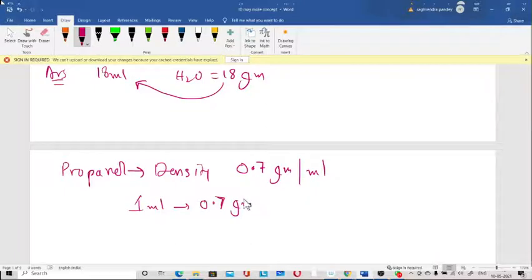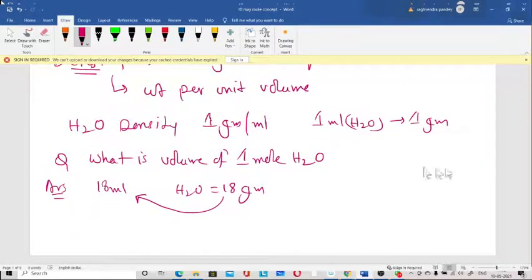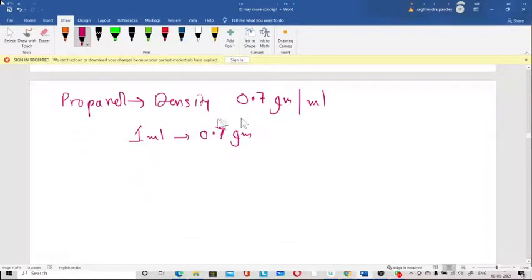So this 1 ml to 1 gram ratio is only for water, right? That is the density of water. The density of each and every liquid is different, so the relation will change accordingly. You cannot apply 1 gram to 1 ml for every liquid. That is not correct.